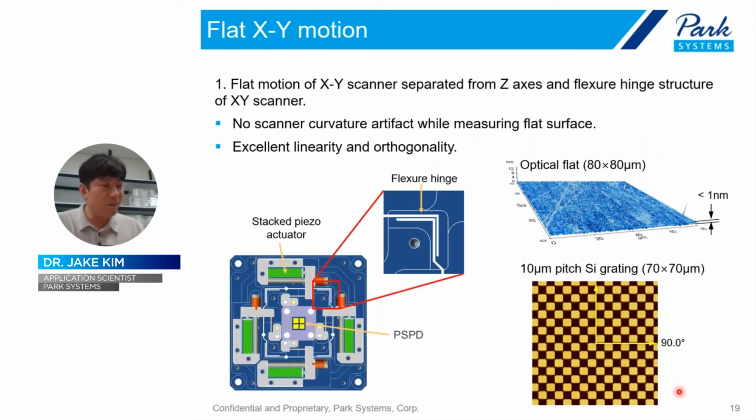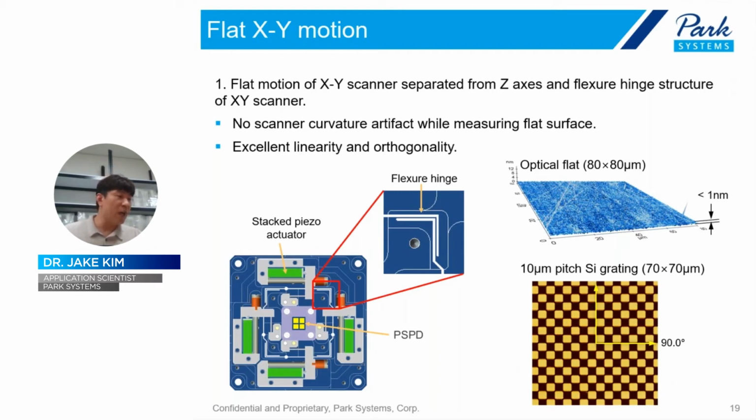The main purpose of AFM is to investigate the surface morphology at the nanoscale. So the flat surface and flat XY motion is very important to show clear features, not an image distortion.